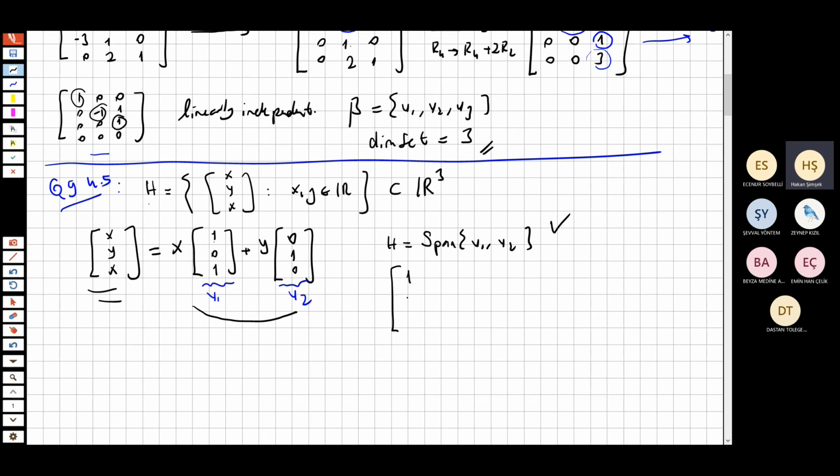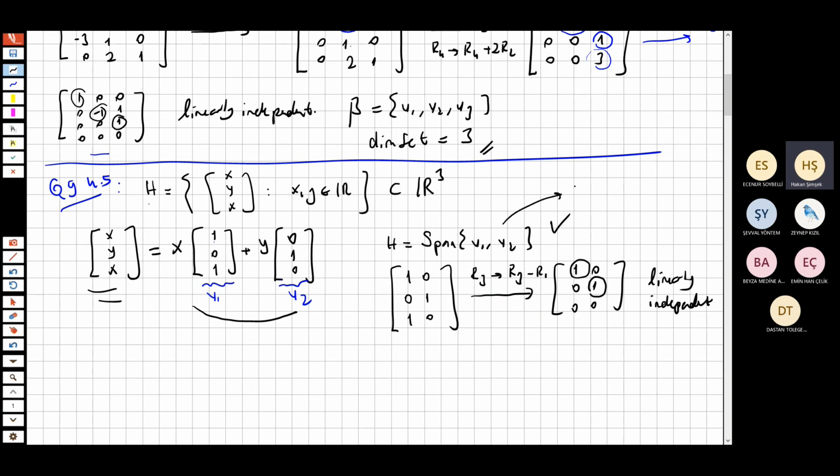Directly, we write the corresponding matrix 1, 0, 1, 0, 1, 0. We should get 0 for the 1. The first step will be R3 is replaced by R3 minus R1. So we have 1, 0, 0, 0, 1, 0. First pivot, second pivot, which means that they are linearly independent.